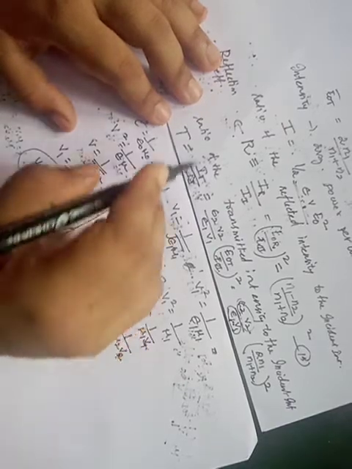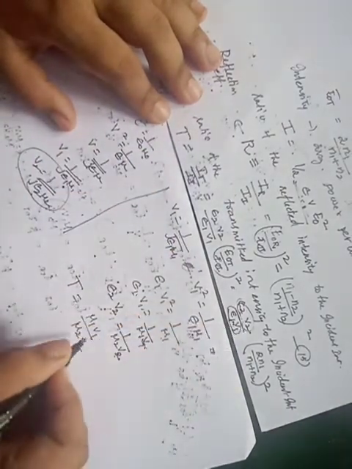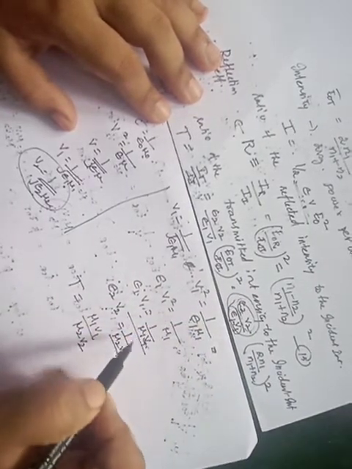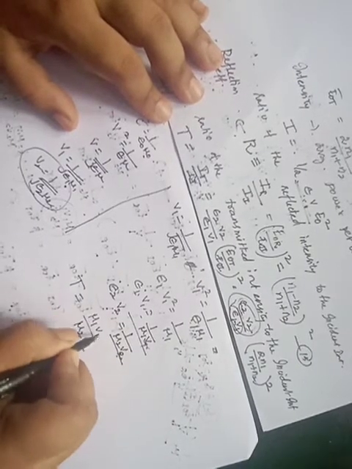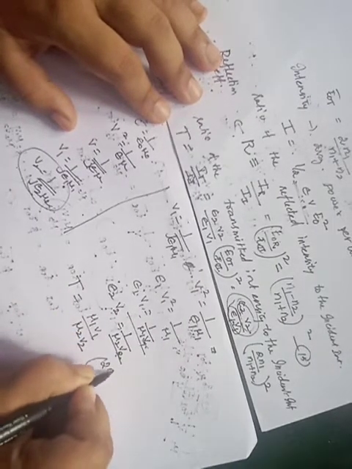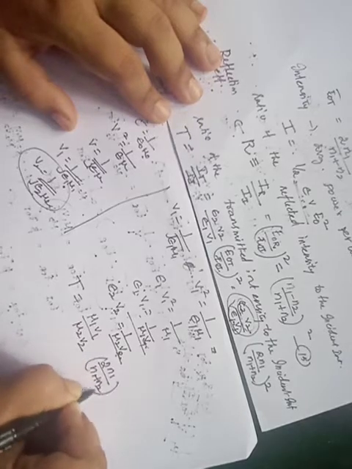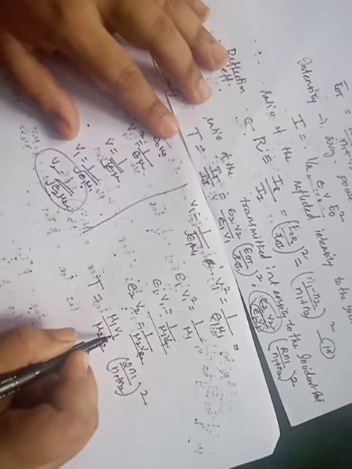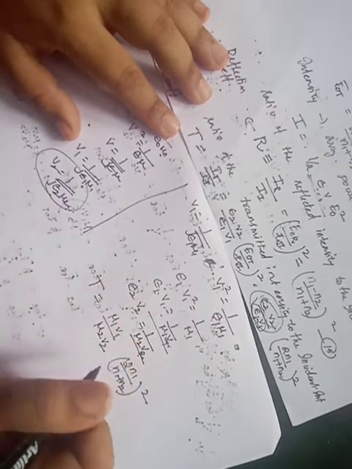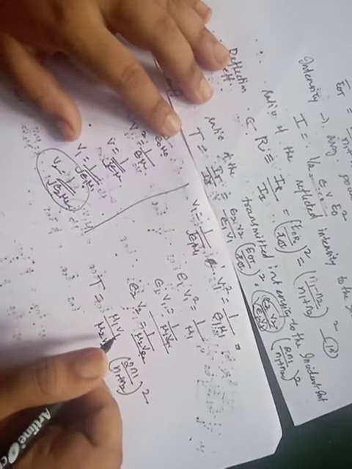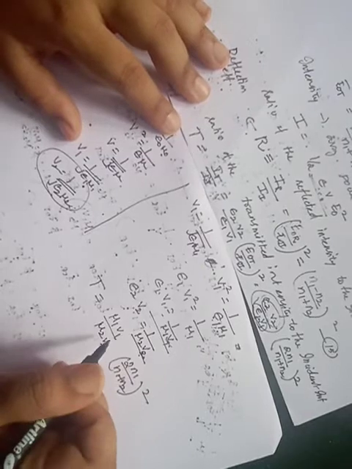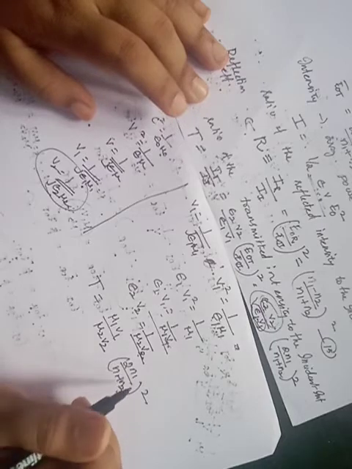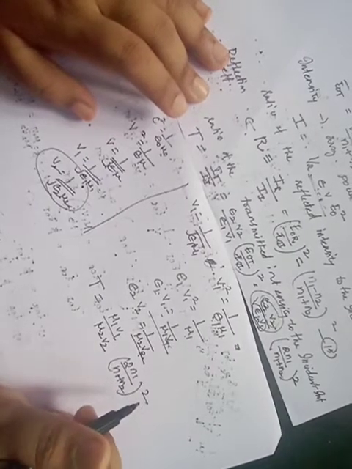The transmission coefficient T is then mu 1 V1 divided by mu 2 V2 into 2n1 divided by n1 plus n2 the whole square.